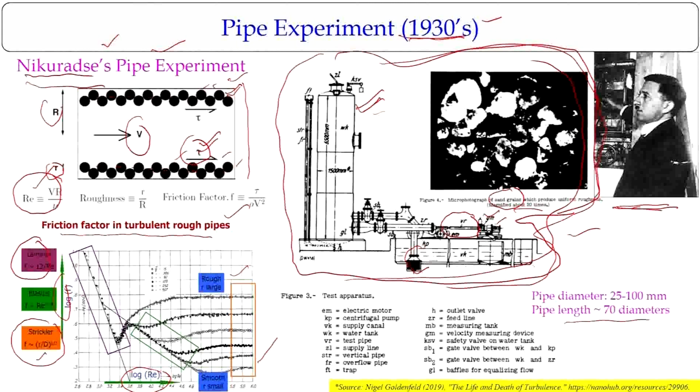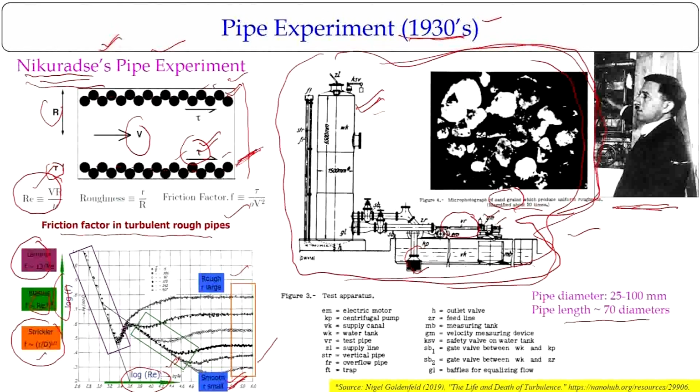And if you have a smooth pipe where the roughness is very small, then you can follow the Blasius equation, which is a function of the Reynolds number.